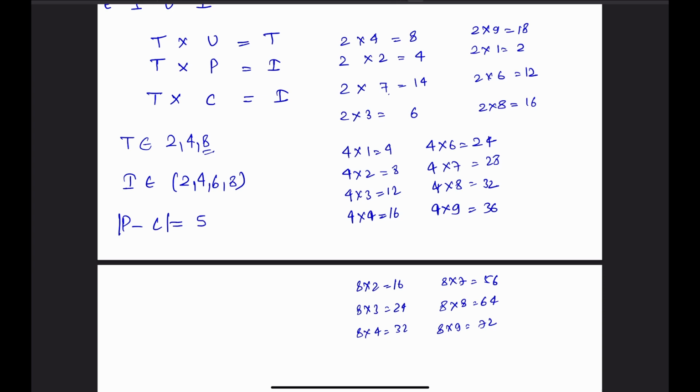Then there is one more thing, that if I take 2 as a value, so U, if multiplied with U, I am getting last digit as U only.